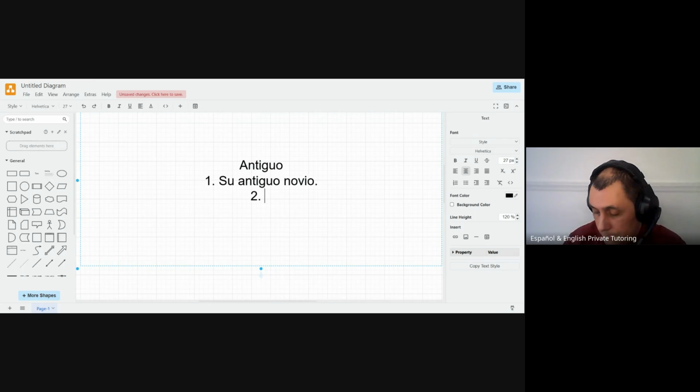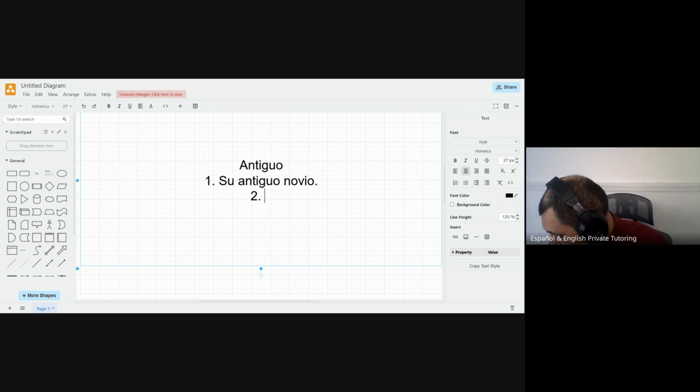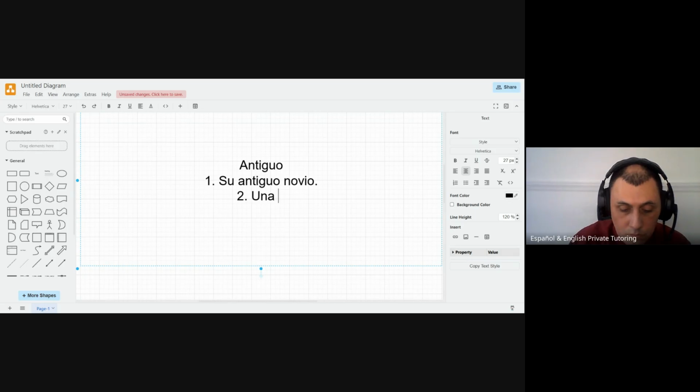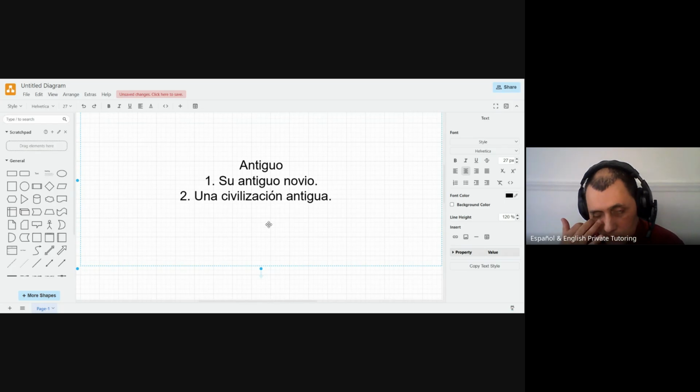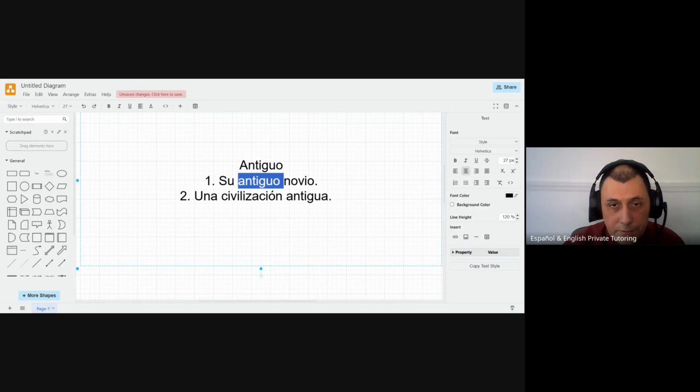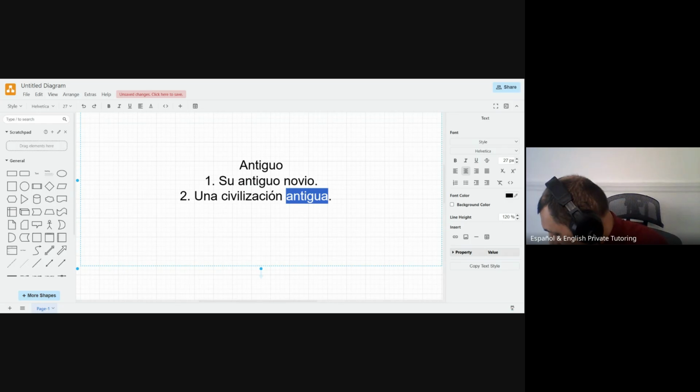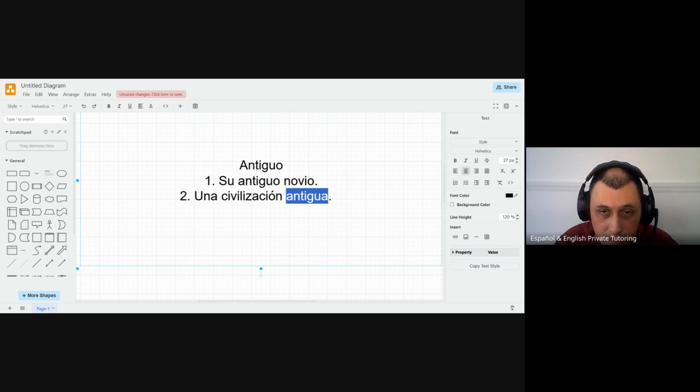The second one will be una civilización antigua. Civilización antigua. So before the noun, former. After the noun, it means ancient. So una civilización antigua, an ancient civilization.